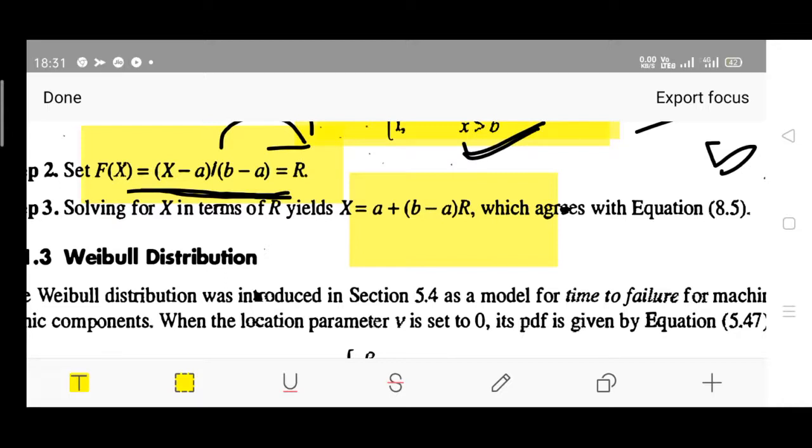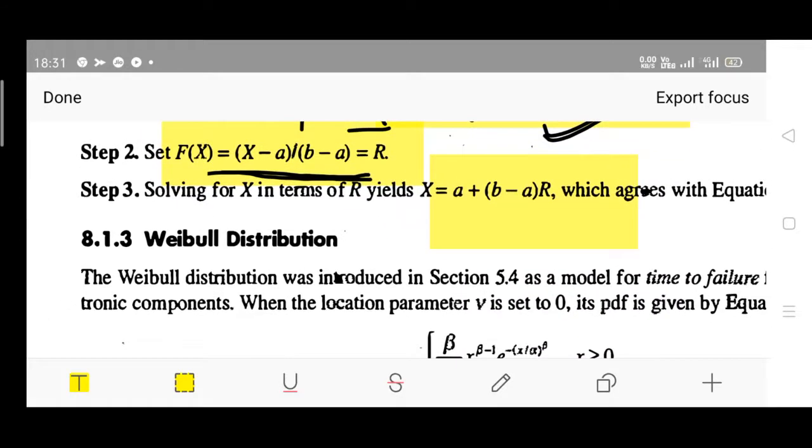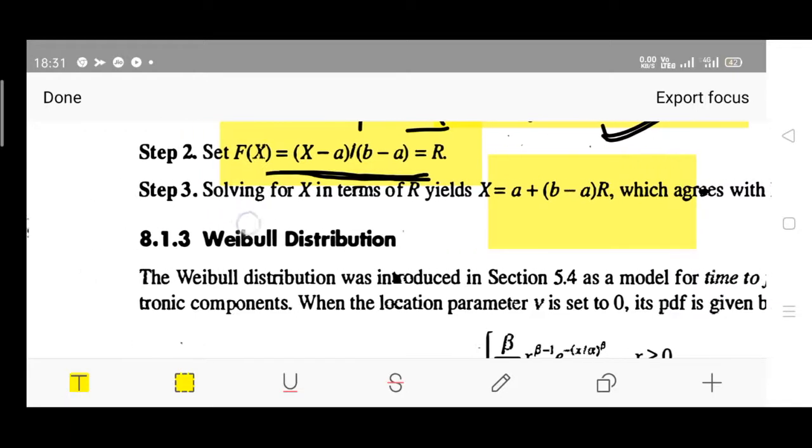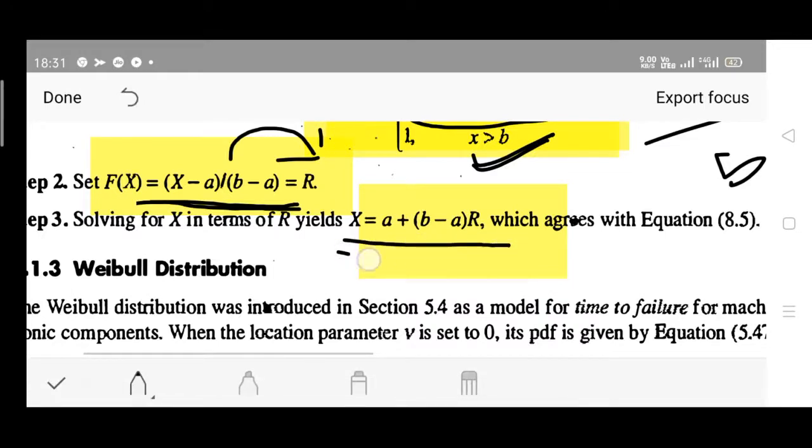The value of the CDF is x minus a divided by b minus a. That is step number 2. The third step is solving for x in terms of r. Just separate x, and after simplification you will get x equal to a plus (b minus a) into r.